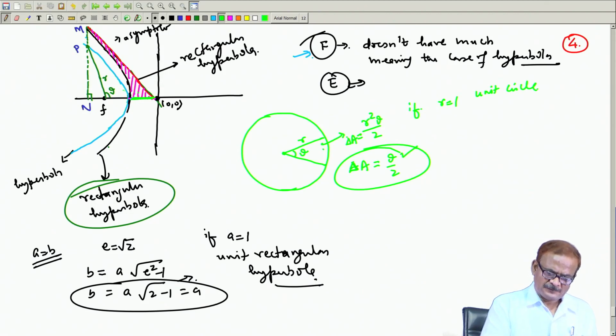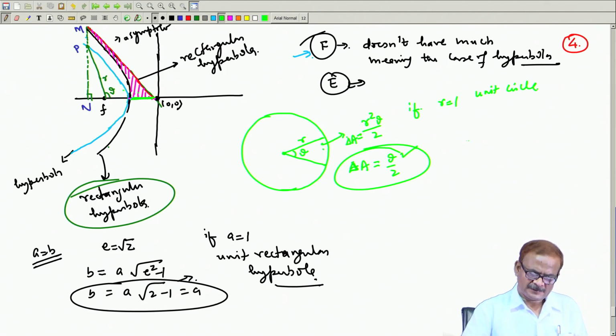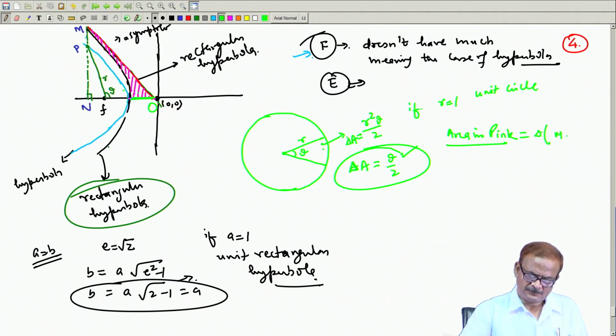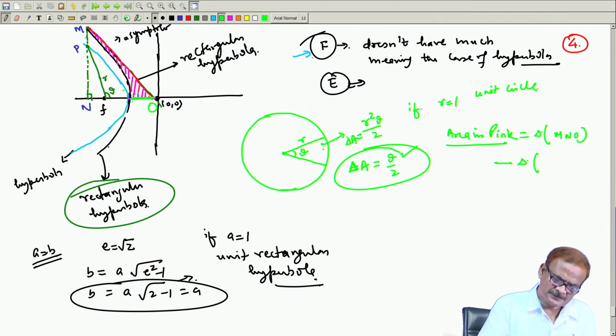So, you can see from this place that for the case of the rectangular hyperbola, this hashed area in pink can be written as, if we write this point as O, the area of triangle M N O, minus the area, and this point is the perigee point.